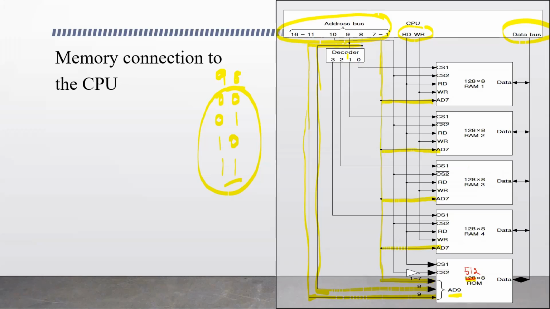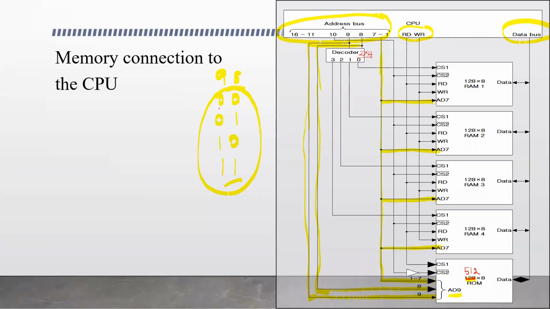Okay, a decoder is used. It is a 2 by 4 decoder. It takes 2 inputs and generates 4 outputs, because we need to select one out of 4 RAM chips.